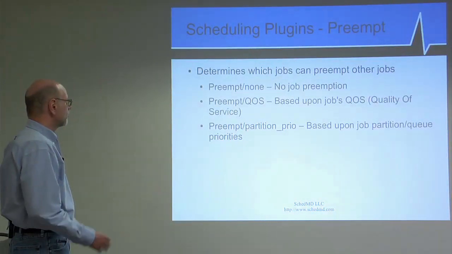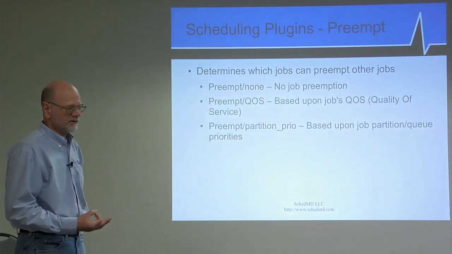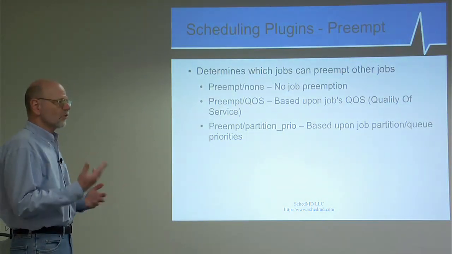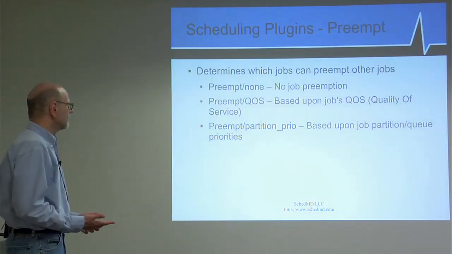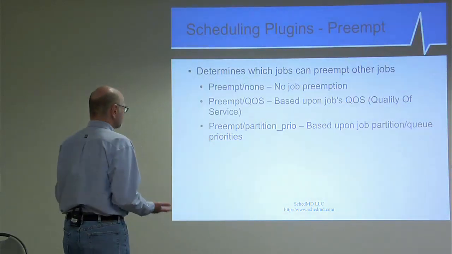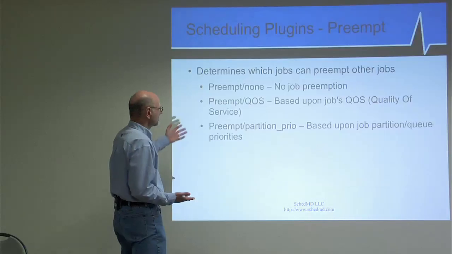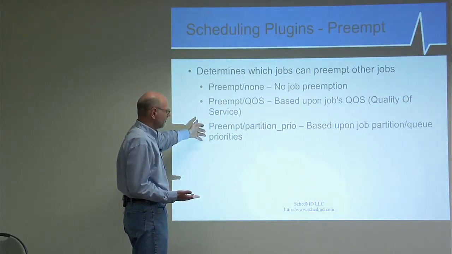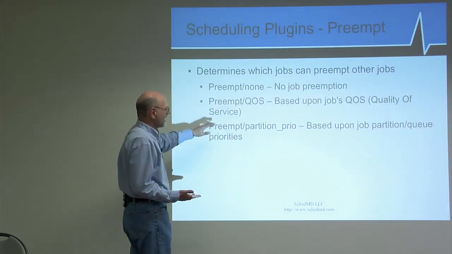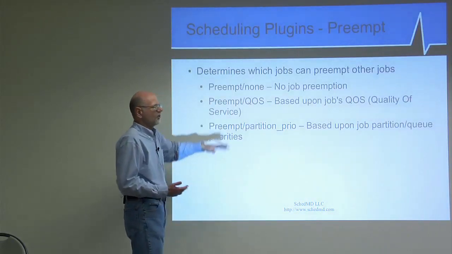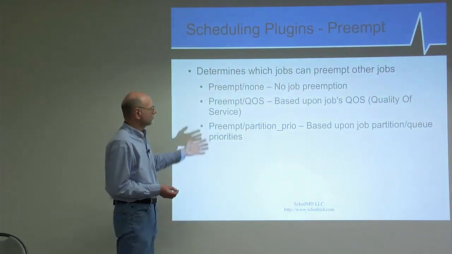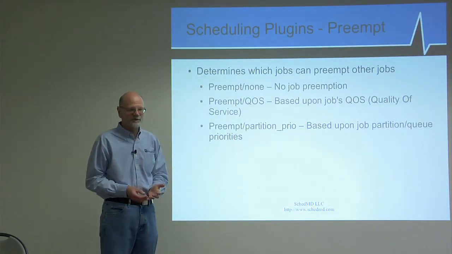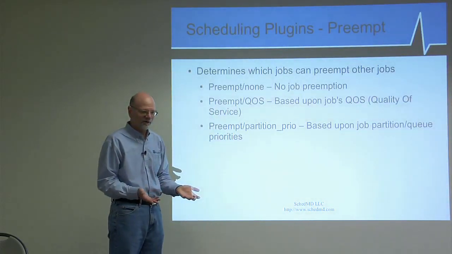There's a plugin which controls preemption, and by that, this defines which jobs can preempt which other jobs and what the preemption rules are. So you can completely disable preemption, you can preempt based upon quality of service or the partition, and you can also define what the preemption rules are. So you might have, for example, a quality of service defined as standby, really low priority stuff.